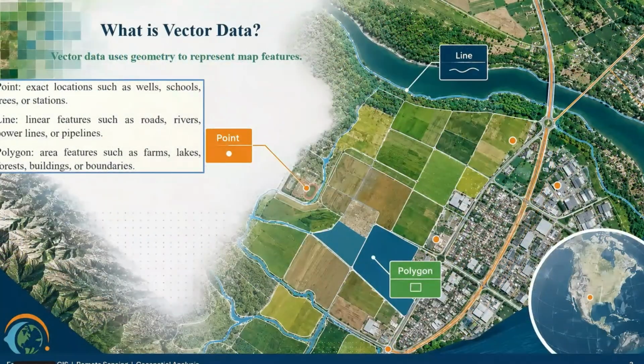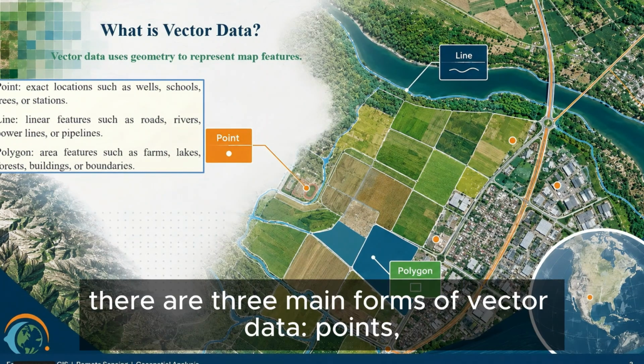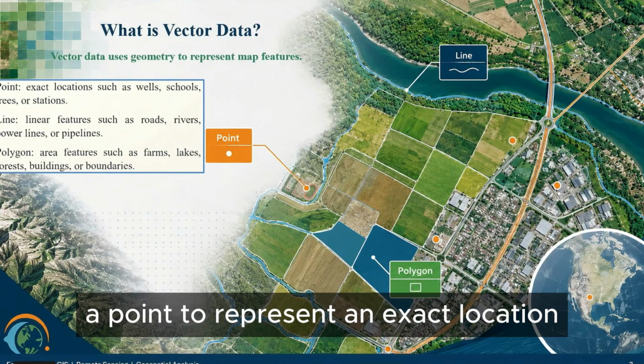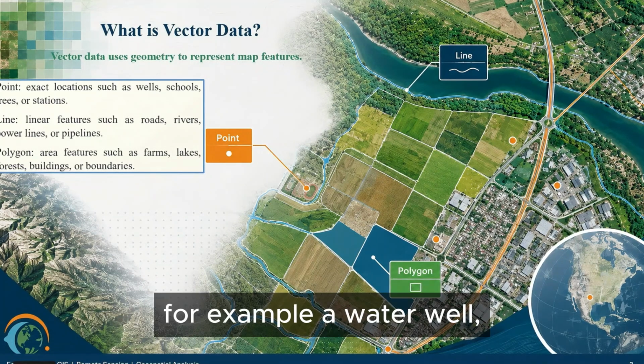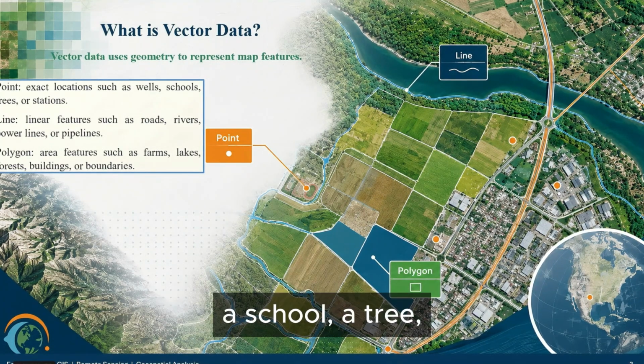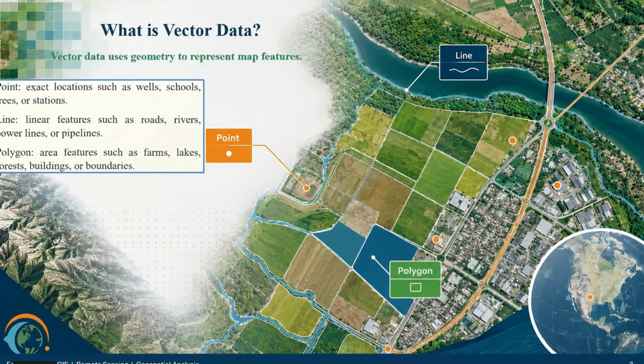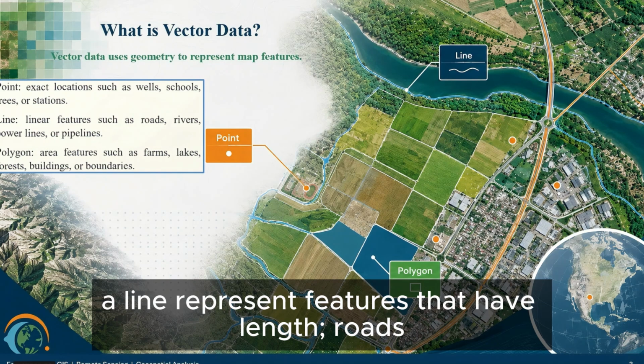What is vector data? Vector data represent real-world features using geometry. There are three main forms of vector data: points, lines, and polygons. A point represents an exact location. For example, a water well, a school, a tree, a house, or a weather station can be shown as a point on a map. A line represents features that have length.